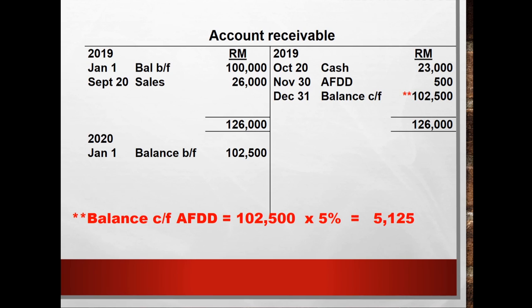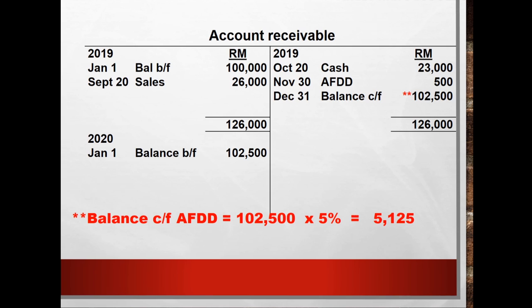After that, you must balance the account, the debit side with 126,000, compared with the credit side with 126,000. So this is the balance carried forward for accounts receivable.